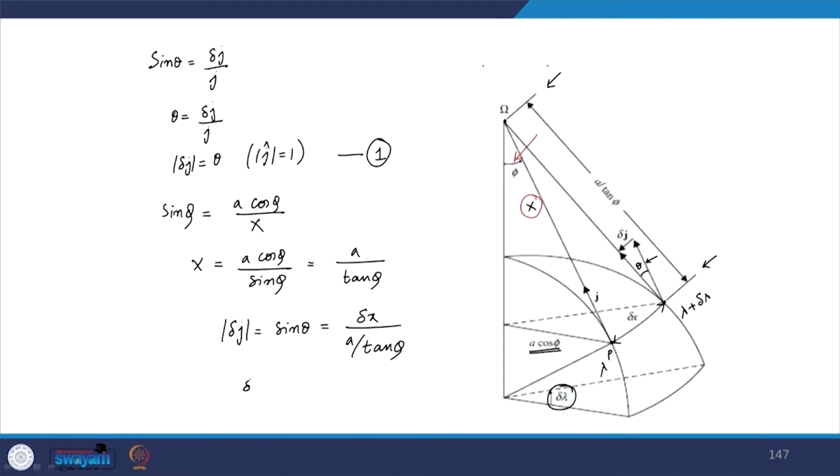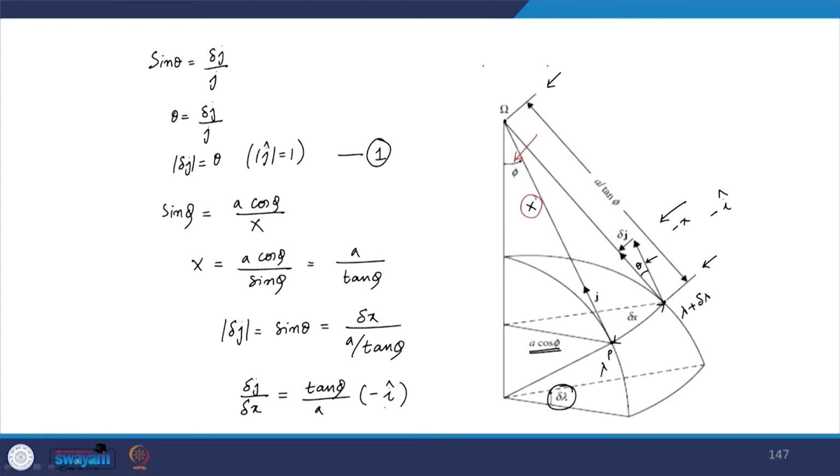We can write delta j by delta x is equal to tan phi by a. From this figure, since j and j plus delta j are all in the same plane, we can clearly see that delta j is pointing exactly in the negative x direction, that is in the negative i cap. So delta j by delta x is tan phi by a times minus i cap.